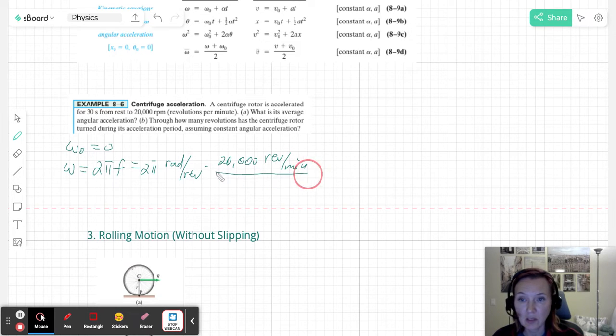Since we have to convert everything into seconds, we divide by 60 seconds per minute, which is going to give us 2100 radians per second.